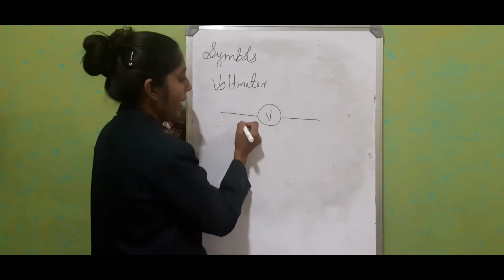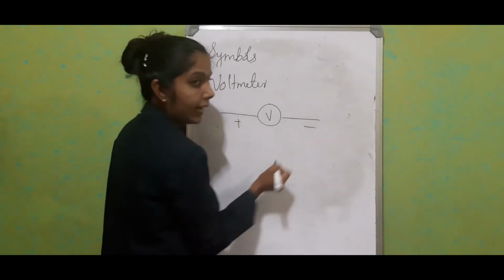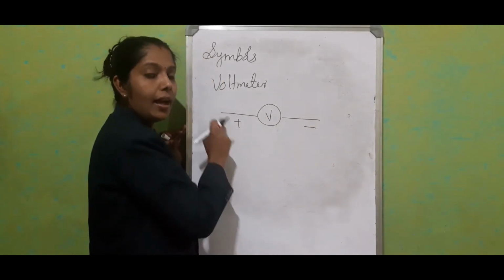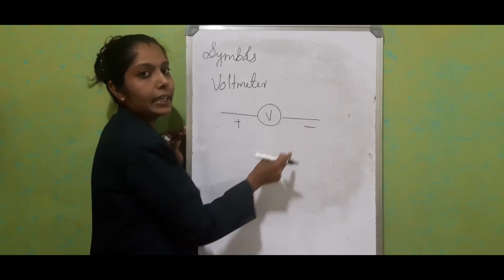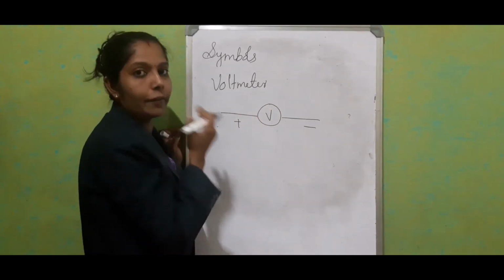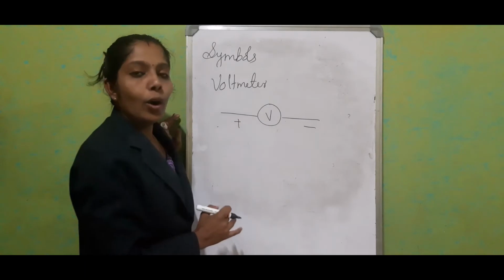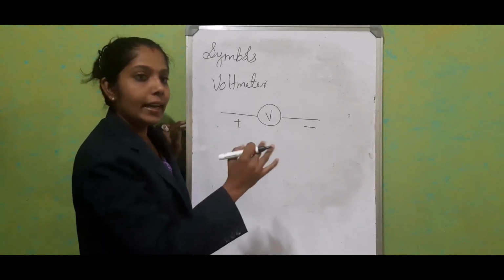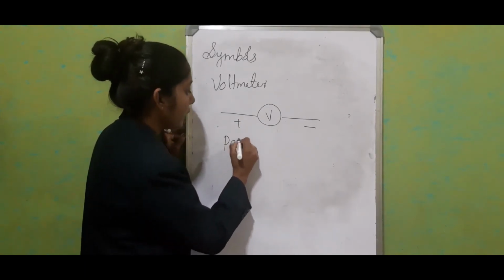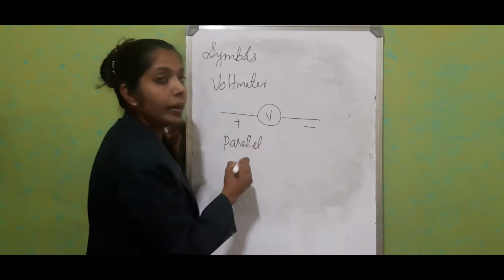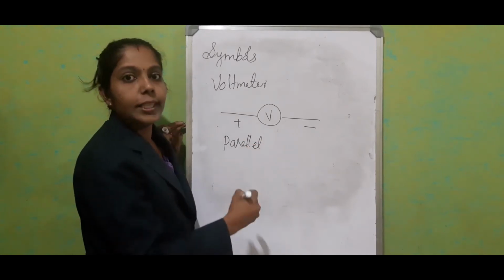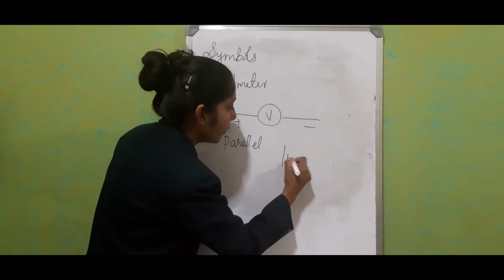It also has positive and negative. The positive is connected to the high potential, and the negative is connected to the lower potential of the source. And the voltmeter is always connected as a parallel combination with the circuit.